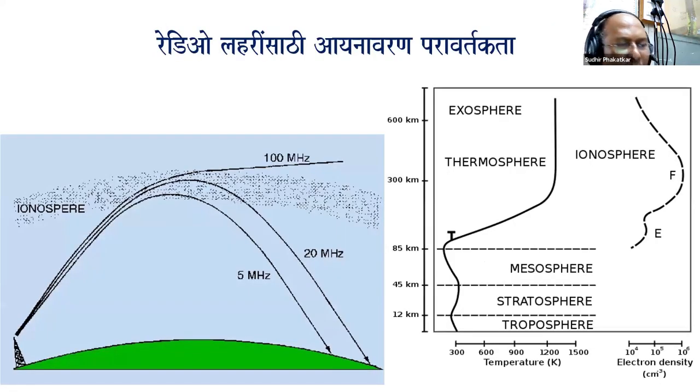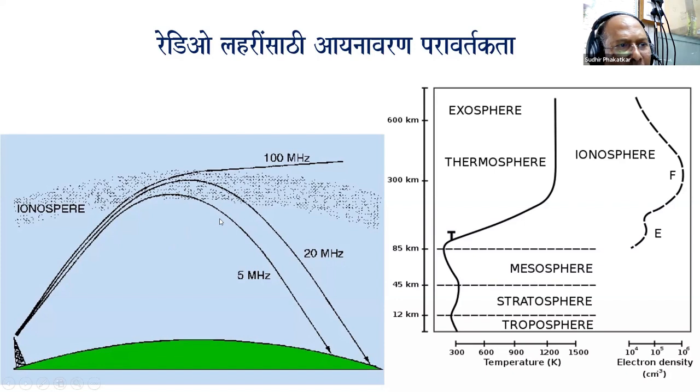You are all aware of the ionospheric layers. The ionosphere reflects radio waves below 20 megahertz, and around 50 megahertz radio waves can pass through the ionosphere. This is the graph of that.